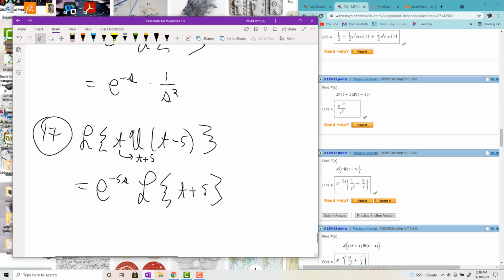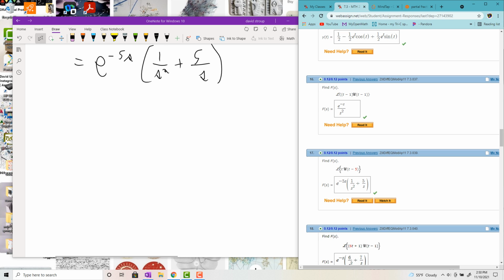Or at least that's what you're going to be thinking once you get done with it. So you get e to the negative 5s, and then Laplace of t is 1 over s squared, and Laplace of 5 is 5 over s. Let's do another one.